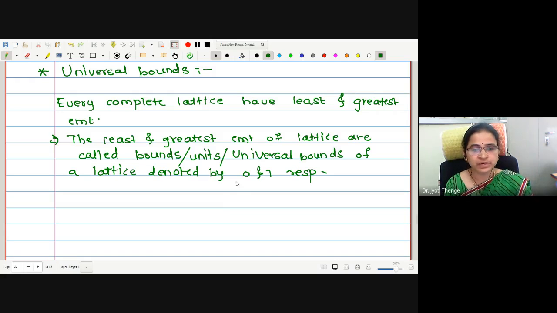That is, the least element is denoted by 0 and the greatest element is denoted by 1.